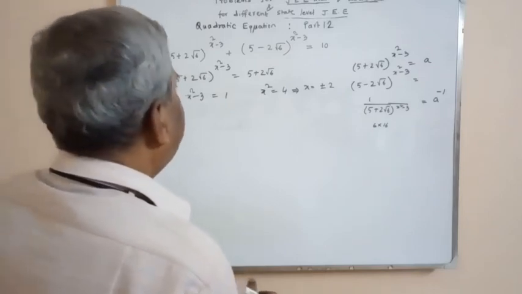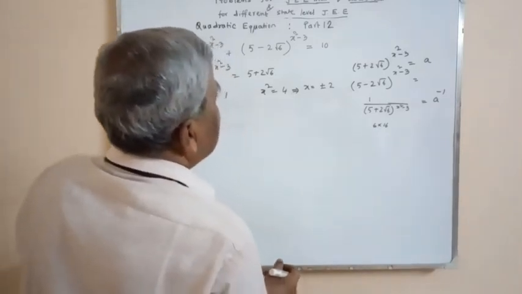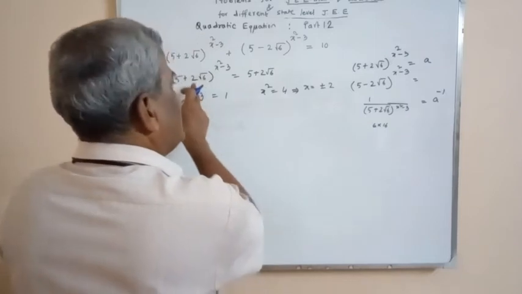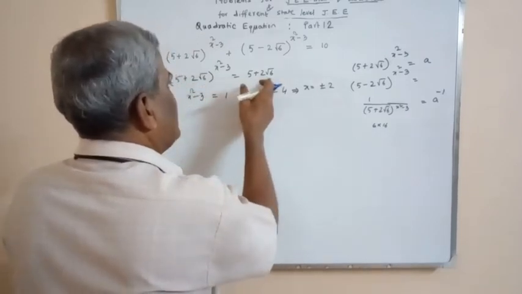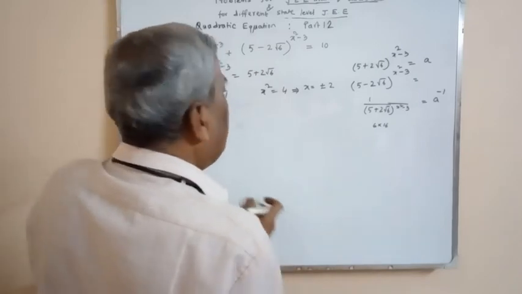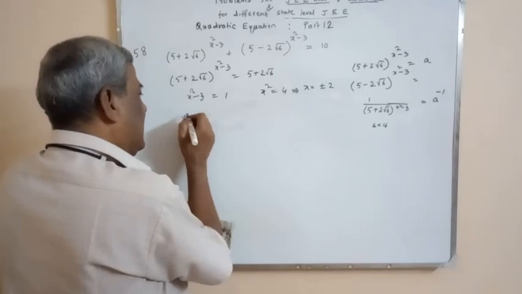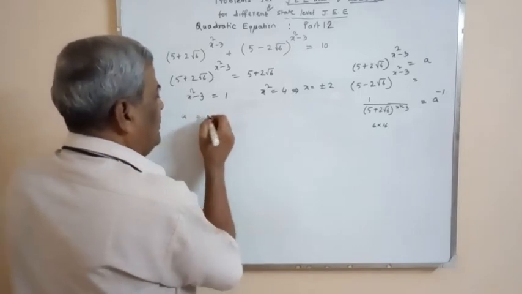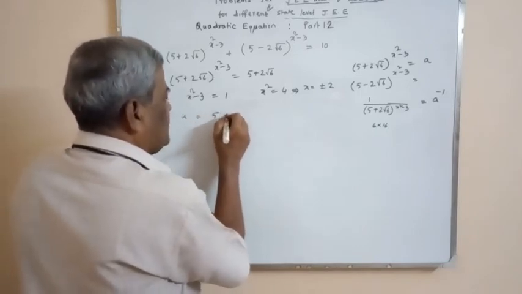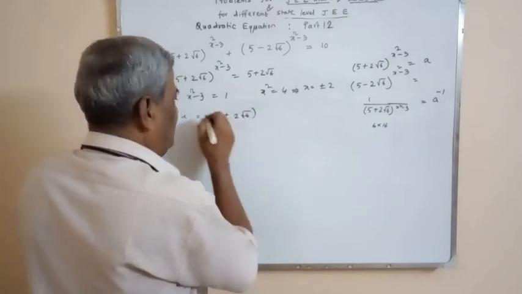Similarly, we already obtained a is equal to 5 ± 2√6.